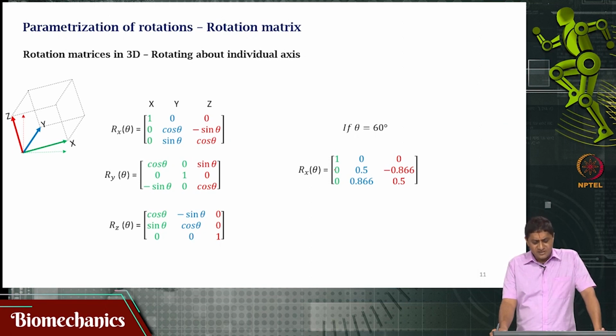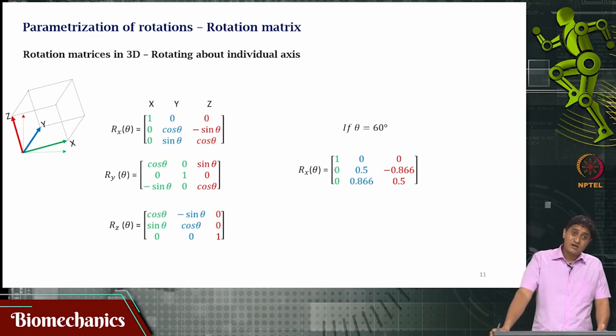Actually, in 3D, I can define these rotations as 3 rotations: Rx about the x axis, Ry happening about the y axis, and Rz, the rotation happening about the z axis, each having its own rotation. If all of them have the same angle of rotation, by the way, that is not a compulsion.